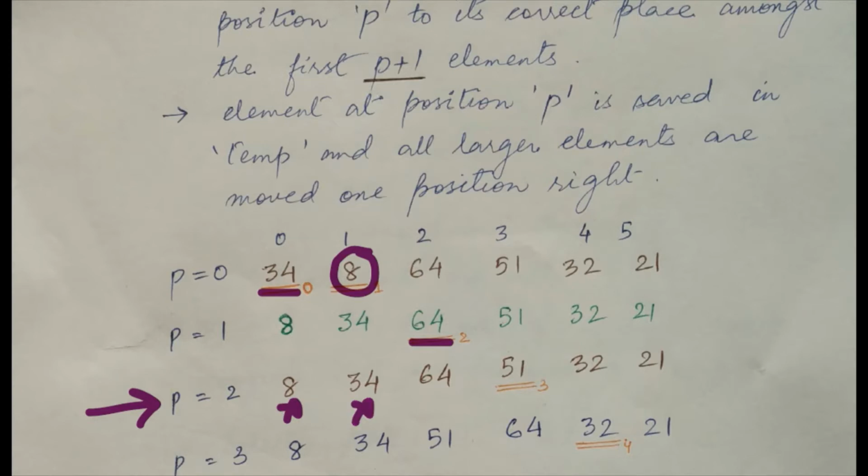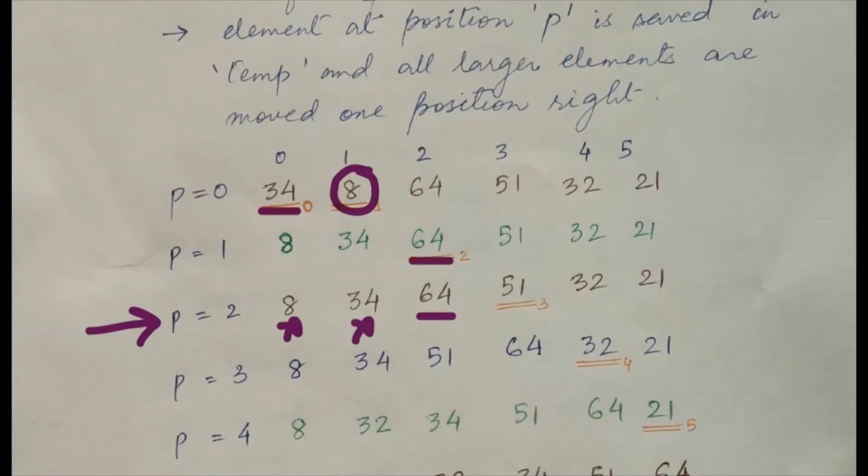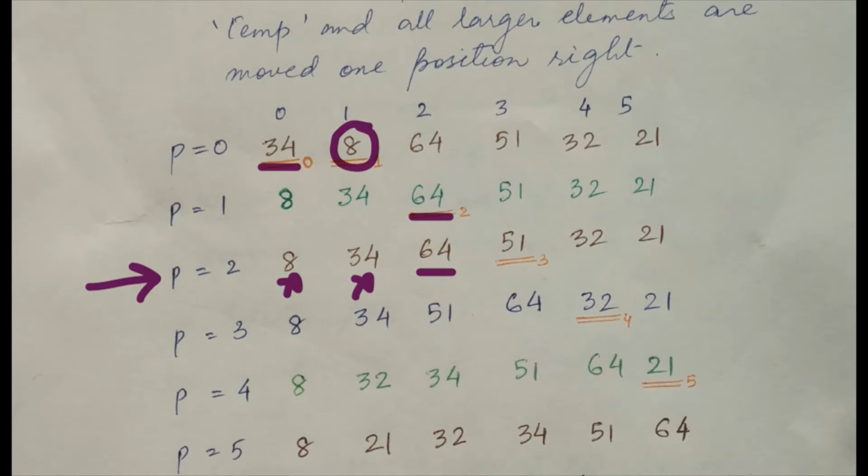No. So 64 was at its proper location with respect to the first p plus 1 elements, which is 2 plus 1, the first three elements. Next you take 51. 51 is greater than 8, greater than 34, and less than 64. So 51 will take the place of 64.